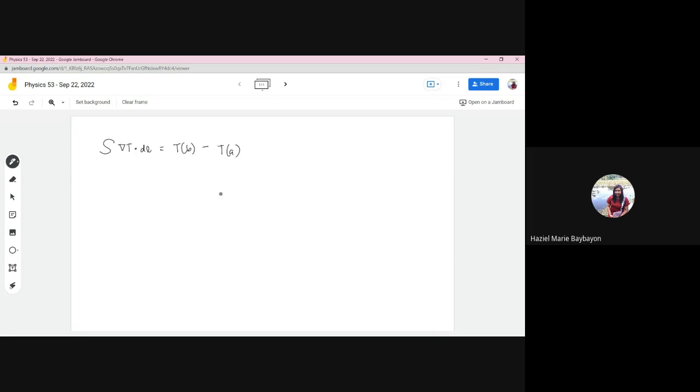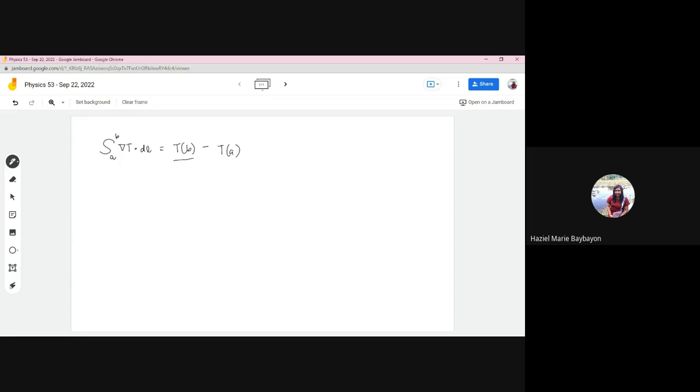Okay, so it is just equal to this one, no? So getting B and A, so this is the boundaries from A to B, or the starting point and the end point. Okay?